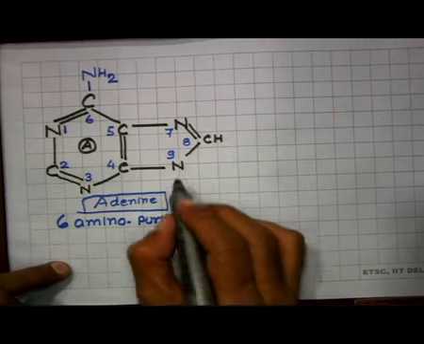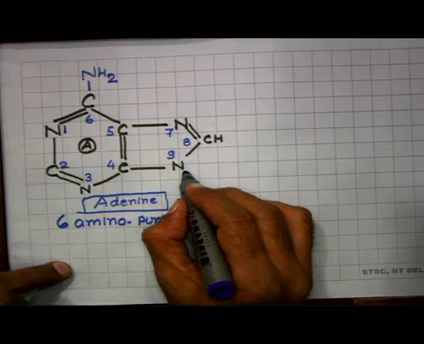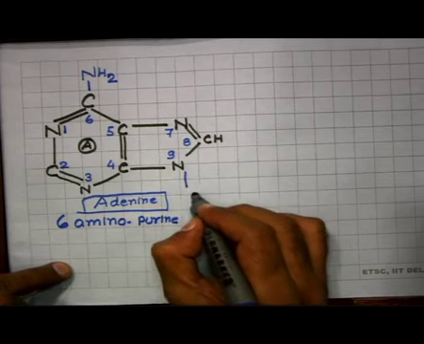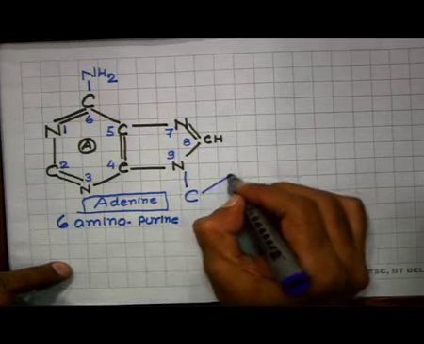And from this 9 atom, the ribose sugar is attached.